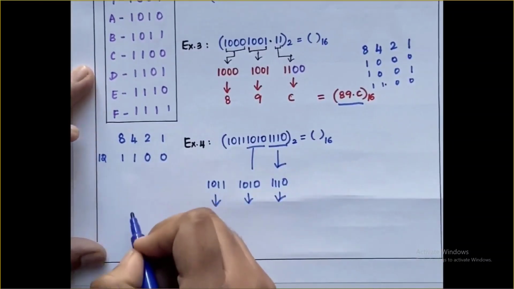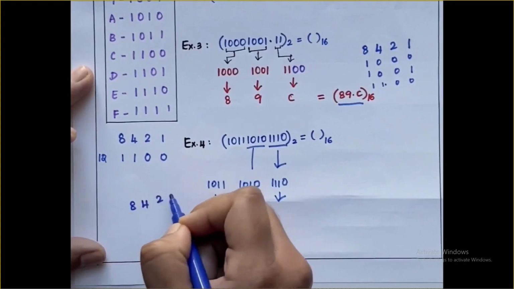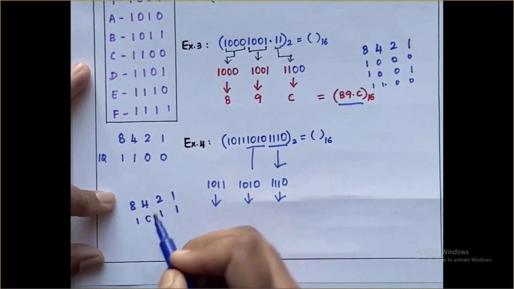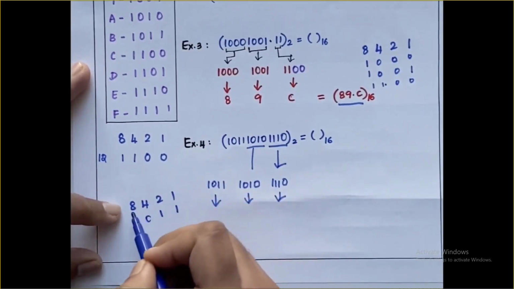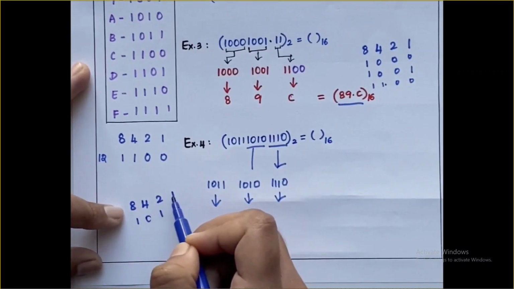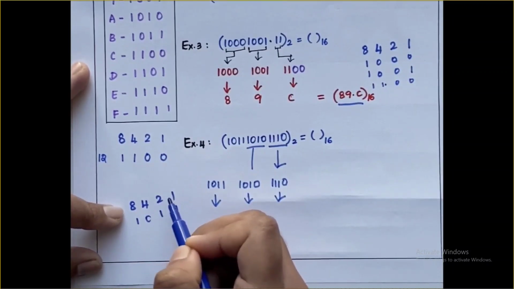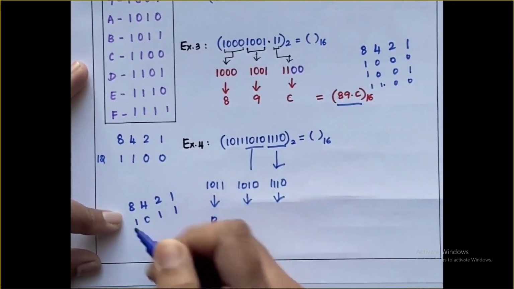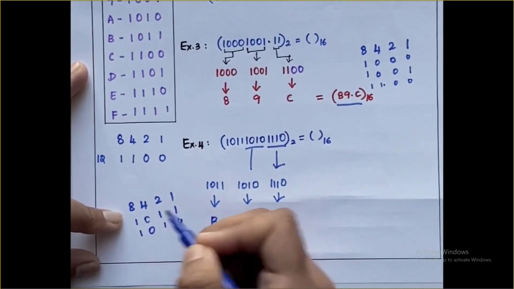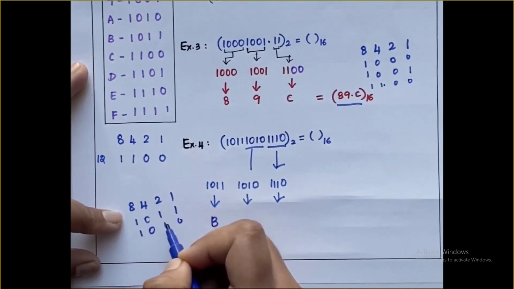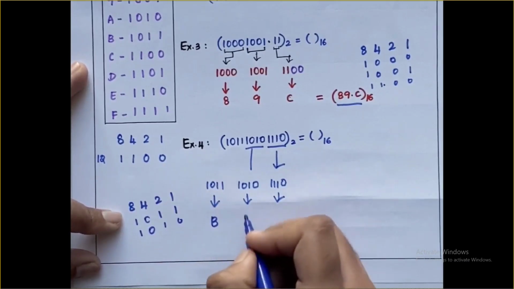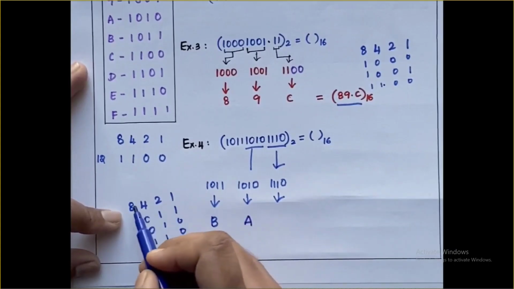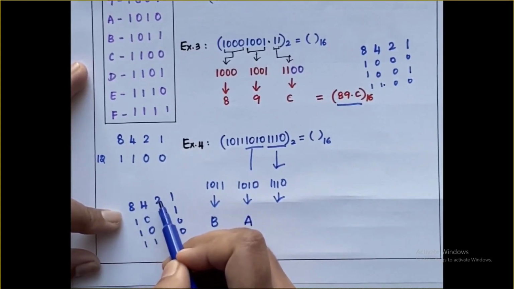For 1011, using the 8421 technique, we just add the values of the ones alone. So 8 plus 2 is 10, plus 1 is 11. 11 is represented by the alphabet B. Next for 1010, adding the values of the ones, 8 plus 2 is 10, and 10 is represented with the alphabet A. For 1110, adding the values of the ones, 8 plus 4 is 12, 12 plus 2 is 14.